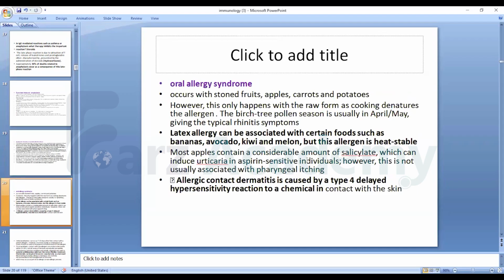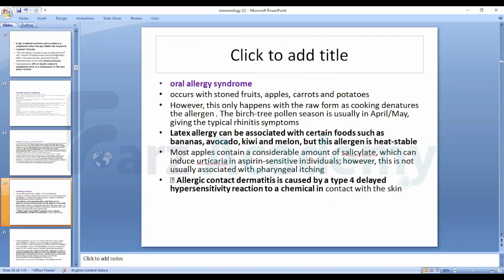Okay, so the next important topic is oral allergy syndrome. It occurs with stone fruits, apples, carrots, and potatoes. However, this only happens with the raw form as cooking denatures the allergen. The birch tree pollen season is usually in April and May, giving the typical rhinitis symptoms.